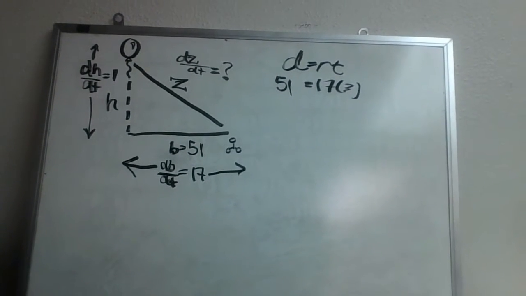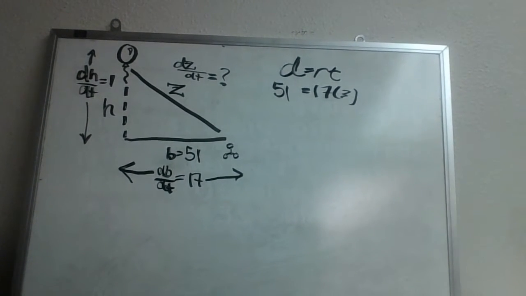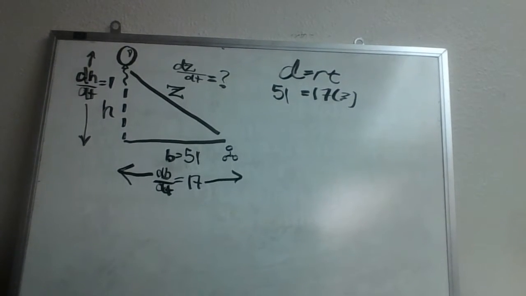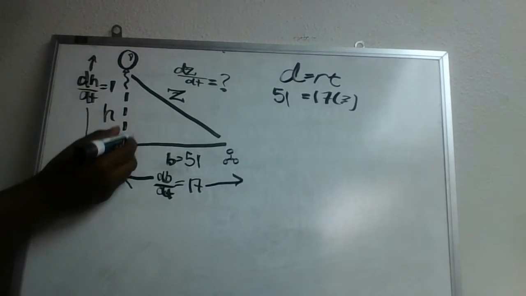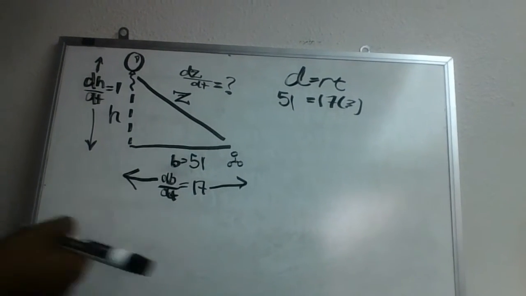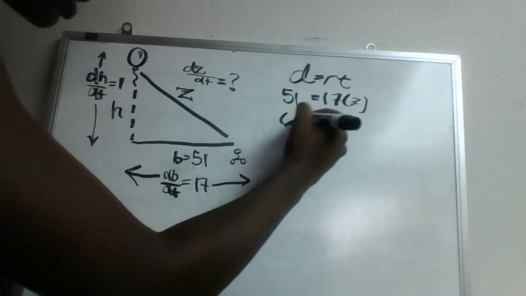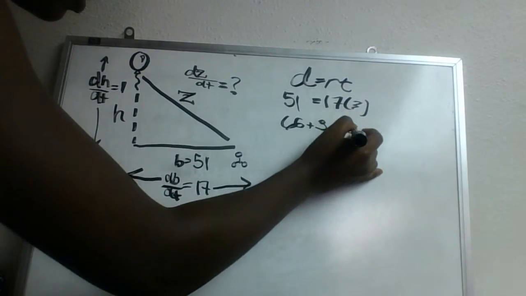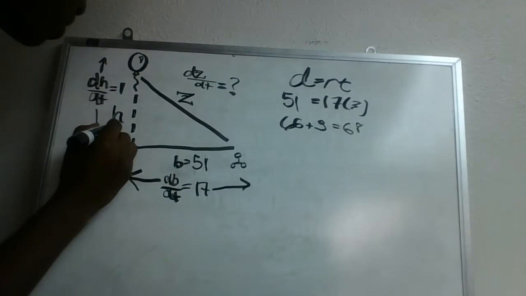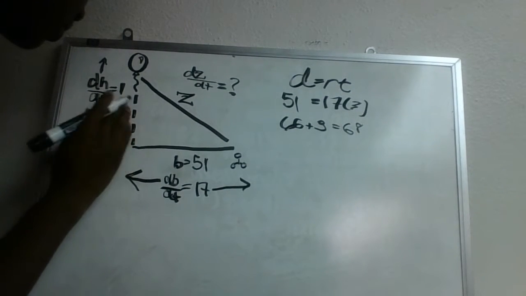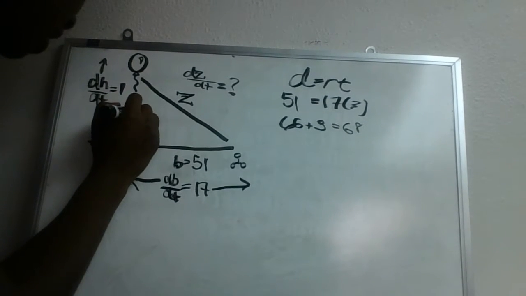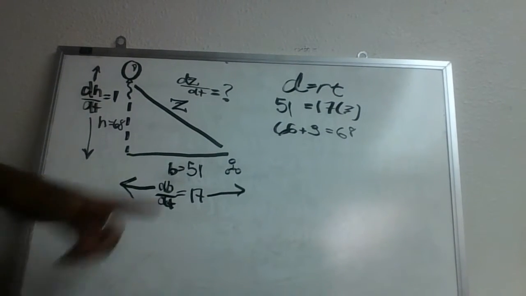For h, the only thing we have to do is 65 plus 3, because that's the height 3 seconds later. So we just add, and H equals 68.